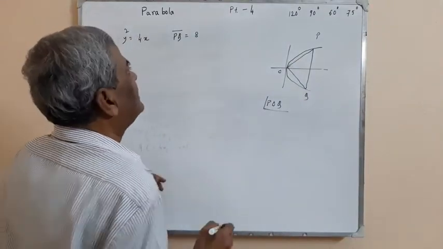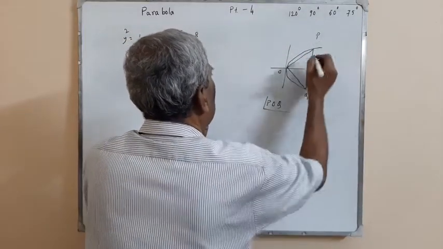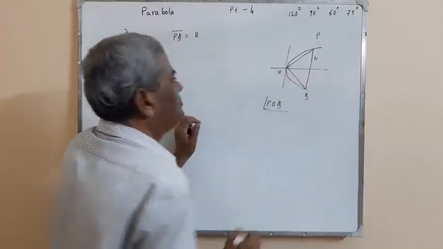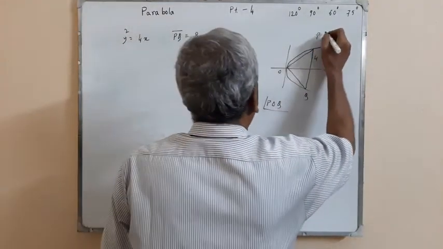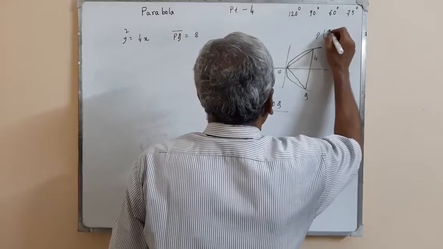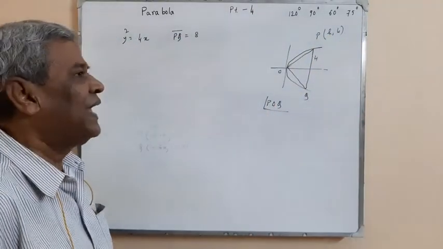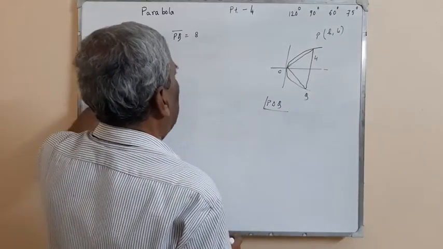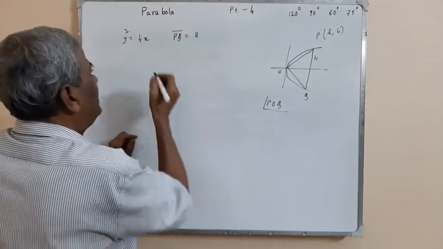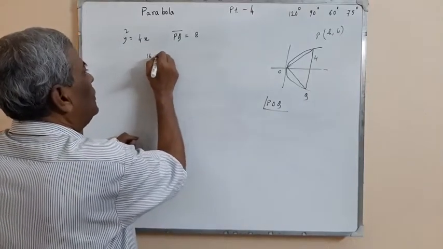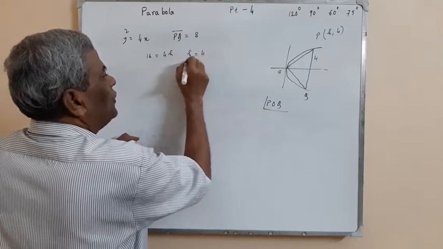Now, given that PQ is equal to 8, this length is 8, so that half length is 4. So coordinate of P, we may take it as (h, 4). As P lies on this parabola, that point must satisfy it, so 16 is equal to 4h. So h is equal to 4.